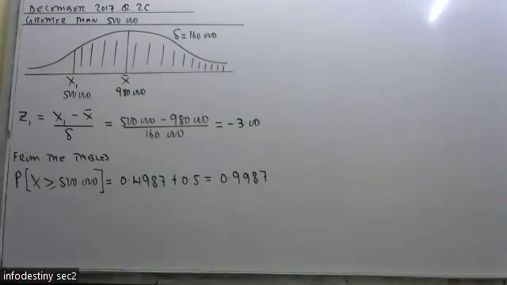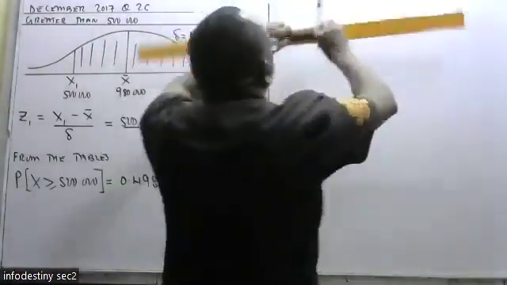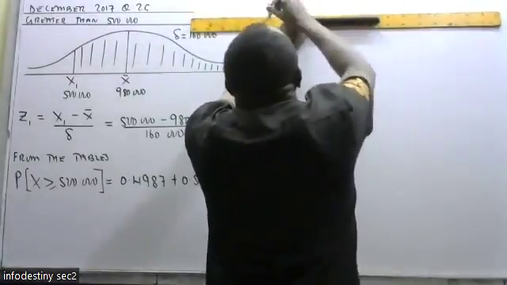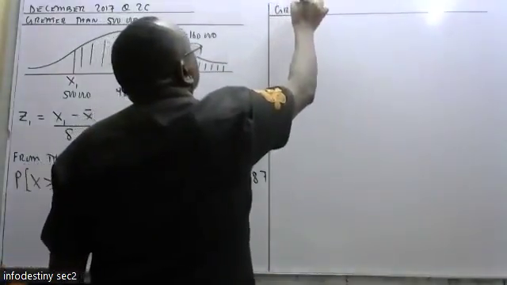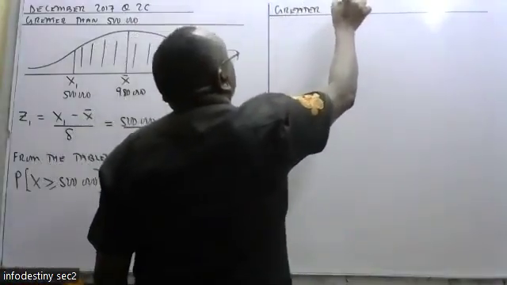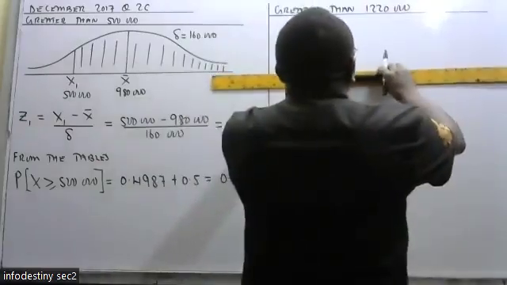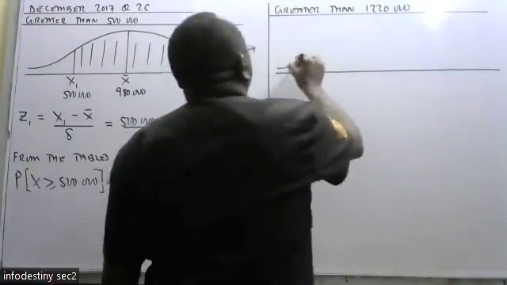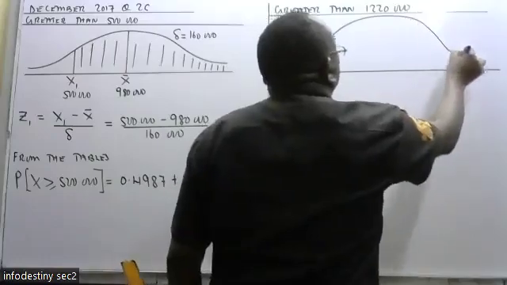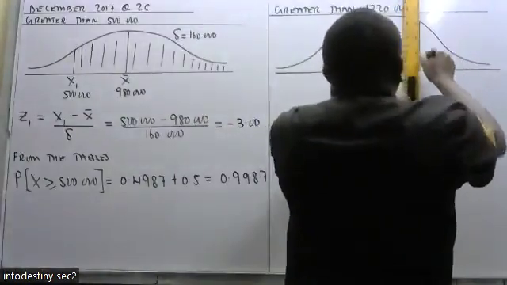The next one is greater than 1,220,000. In the greater than 1,220,000, we have 1,220 here.